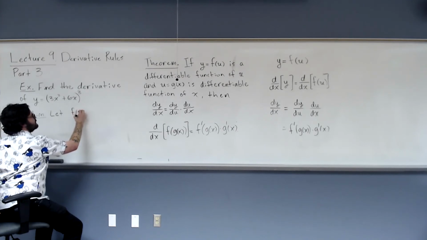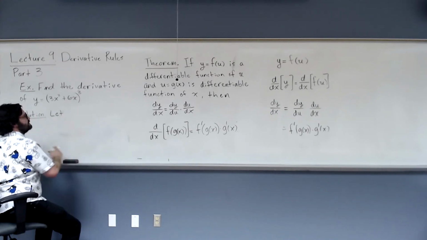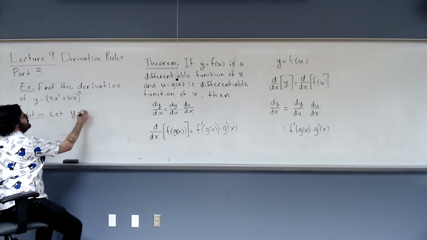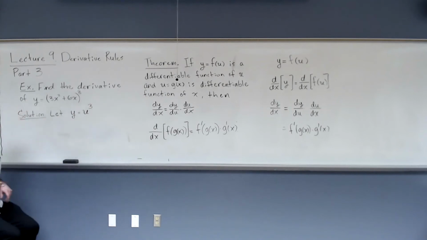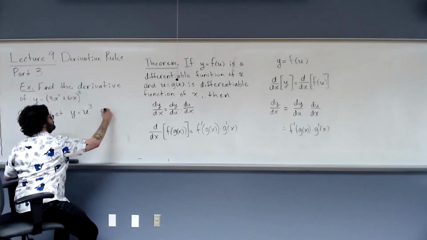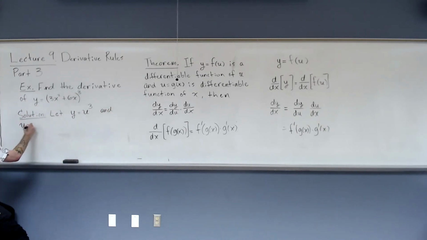I want to be as consistent with that as possible to make it clear for you. So let me think about this for a second. Oh yeah, so y is equal to u cubed, and u is equal to 3x squared plus 6x.